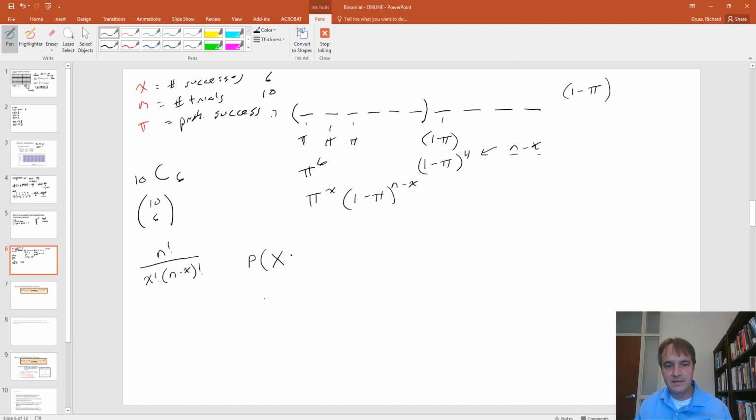So the probability that x is going to take on a particular value, and because we have these other parameters that go into this, we're going to use that conditional probability notation and say given a certain number of trials and a certain probability of success, is going to be n choose x, so n factorial divided by x factorial times n minus x factorial, times what we figured out up here, pi to the x, 1 minus pi to the n minus x.